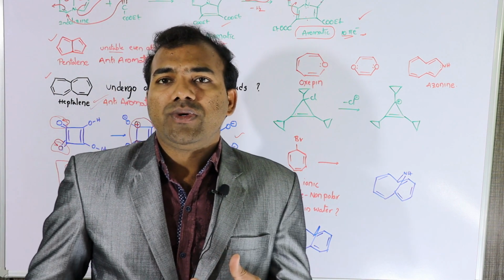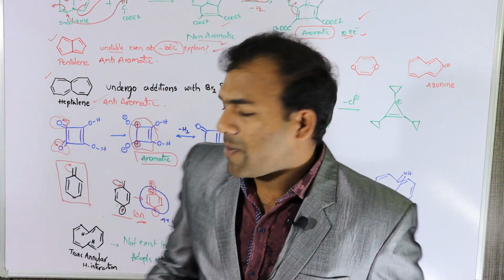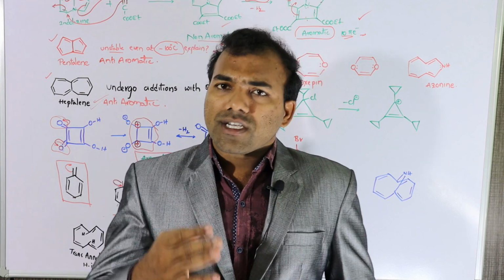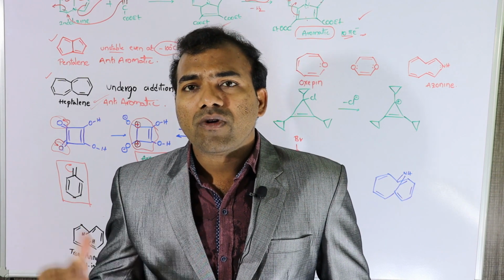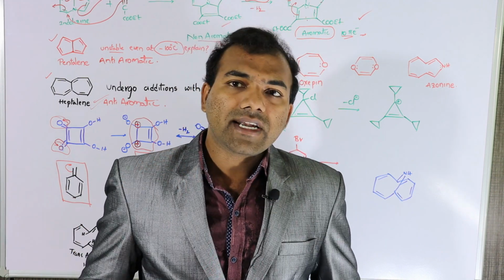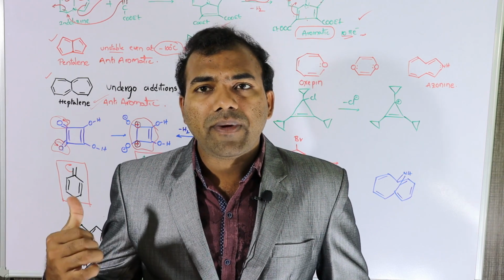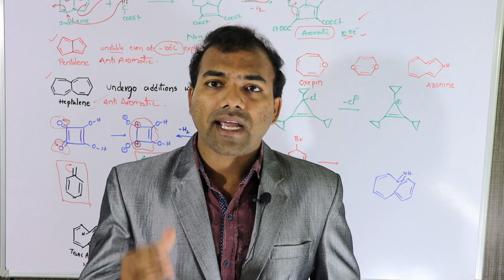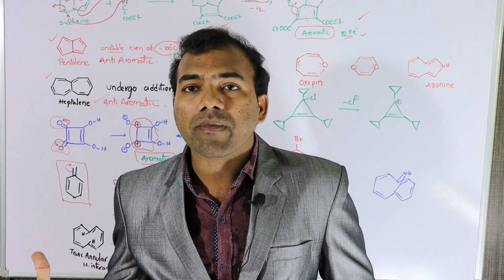The examiner asks you indirectly. He will give this compound, then he asks you, when I react this compound with an agent, it will become an ion, either a positive or negative charge, cation or anion at the bottom carbon.